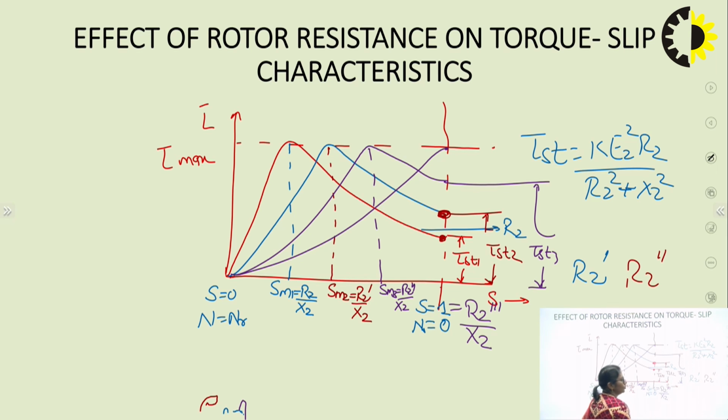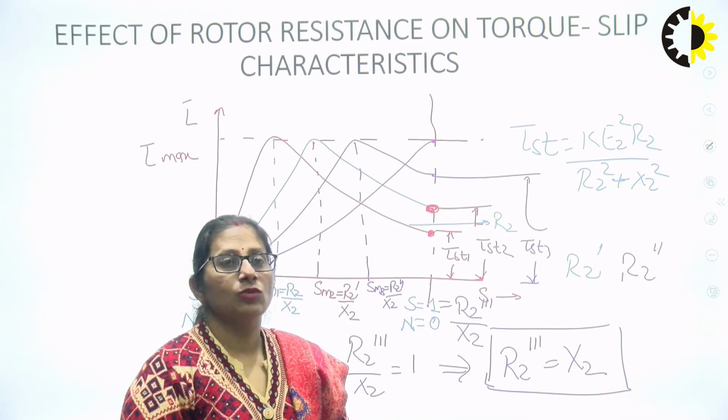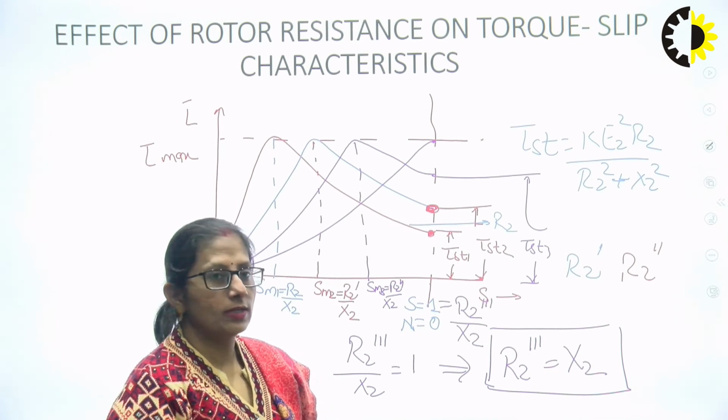That ratio has to be equal to 1. That means R2 triple dash upon X2 must be equal to 1. This shows that when the rotor reactance becomes equal to the rotor resistance, at that instant we'll get the maximum torque at the starting. Fine. So this is the effect of rotor resistance on the torque slip characteristics.